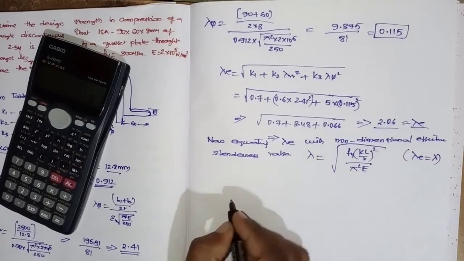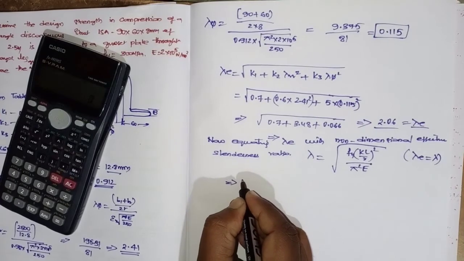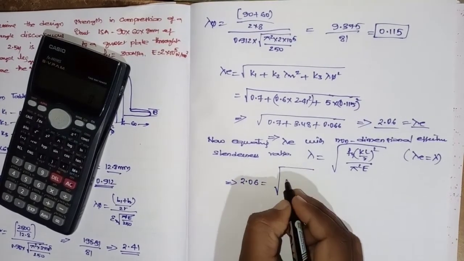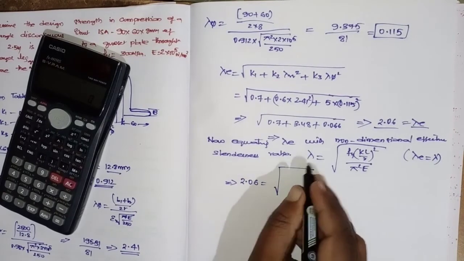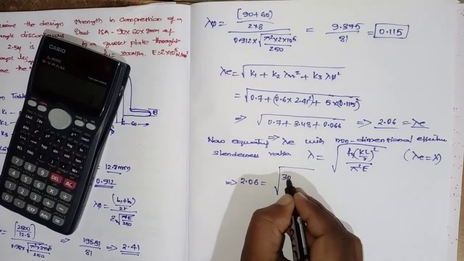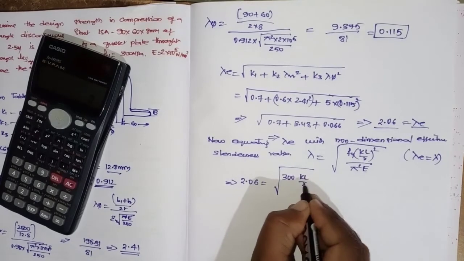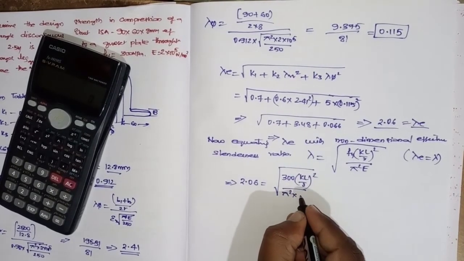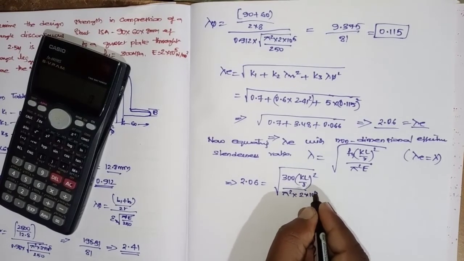What is the lambda E value? 2.06 equals under root of, I know, fy as 300, into KL by R square by pi square into 2 into 10 power 5.